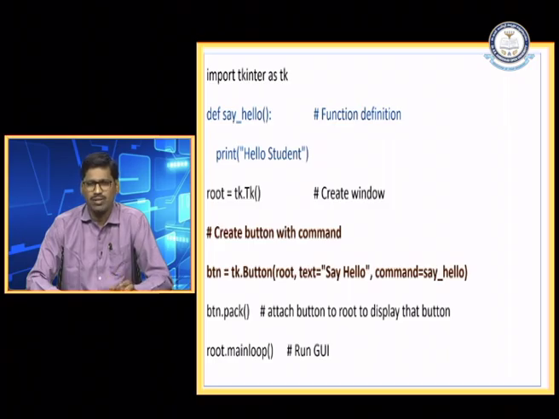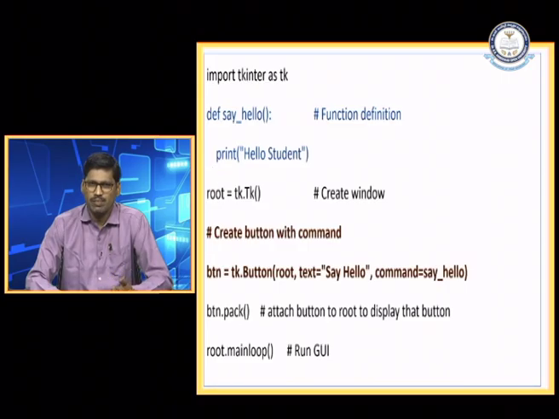In this example, my function name is say underscore hello, and every function must have the parenthesis and must end with a colon. The colon indicates that it creates one block, and after the colon, observe very carefully, we need to give space, otherwise it behaves in a different way. Space is compulsory. Technically we use the word indentation in each and every block.